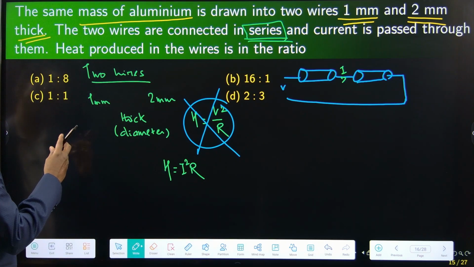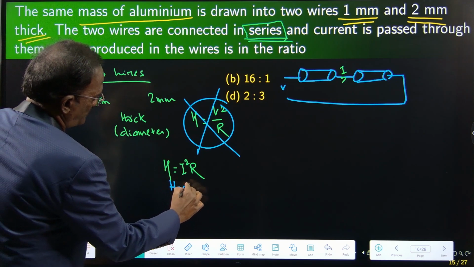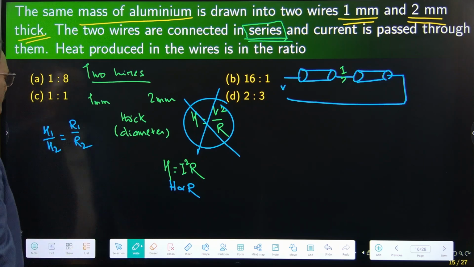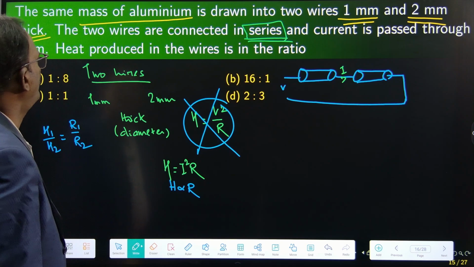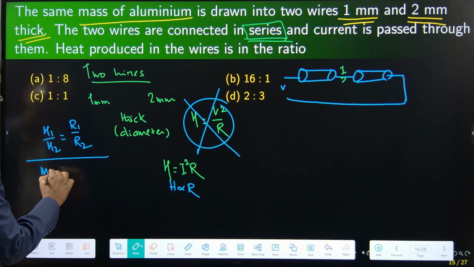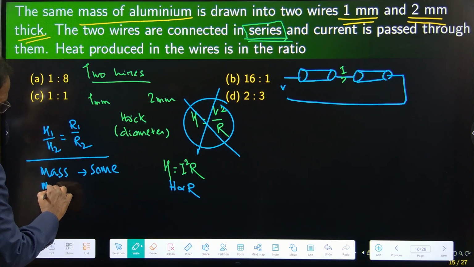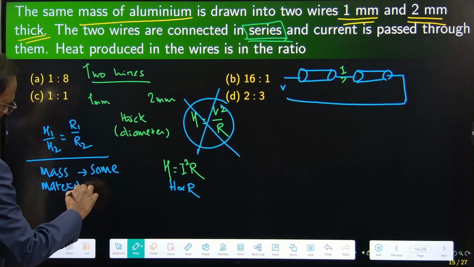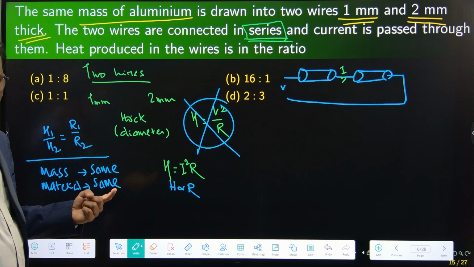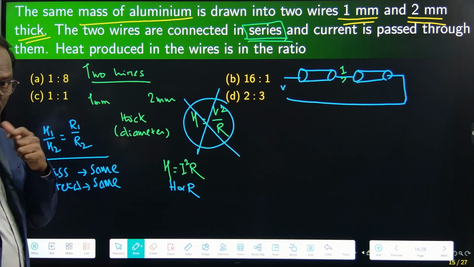So H is proportional to R, and H1 by H2 is equal to R1 by R2. The mass is the same and the material, aluminium, is also the same. In such problems, if mass is given, immediately you must bring the volume point here.